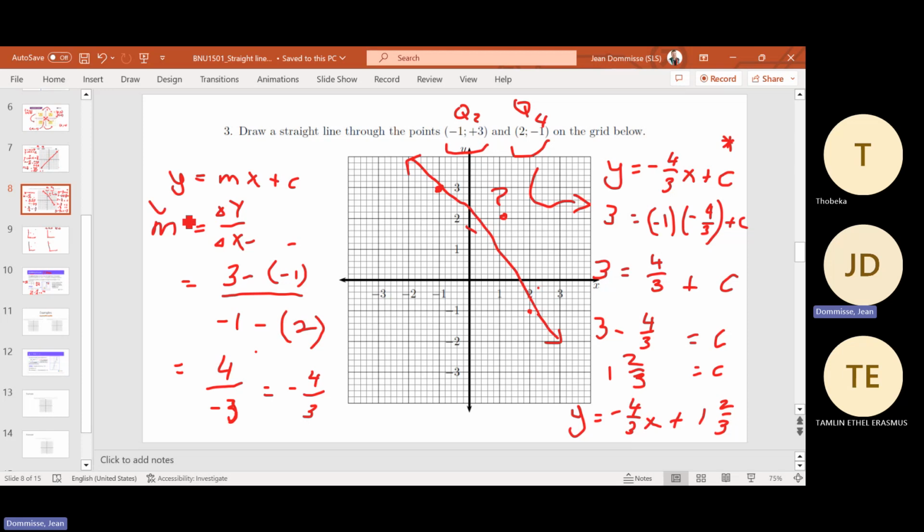So by just giving you two points, you will firstly be able to work out what your slope or your gradient is. Then by substituting any one of those two points back into your formula, you can get your final equation. Okay, so does that make sense?